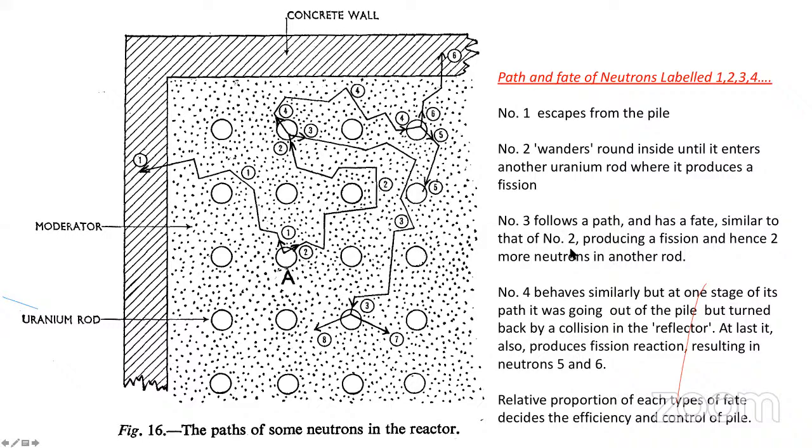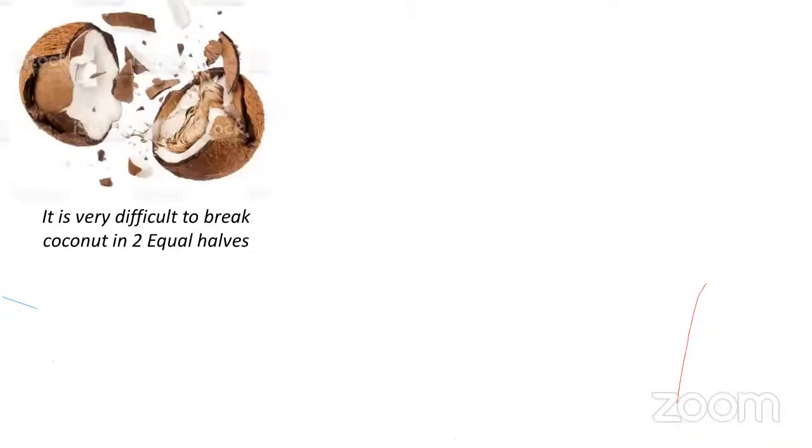Some could produce multiple fissions, and as you can see, number 4 comes out, is reflected again, and produces fission, and so forth. Sometimes the number of neutrons becomes too many, and that's where we require the control rods, which take up all the excess neutrons so that we don't have a runaway.